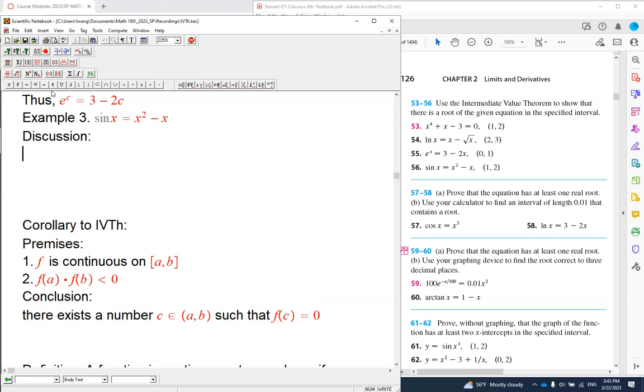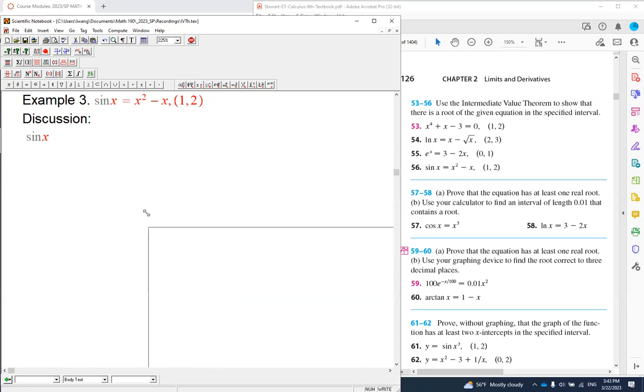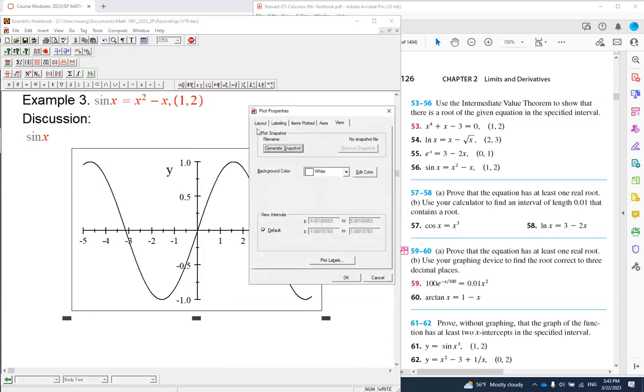The nature of the question is to find the intersection. Oh, pardon me, I left out the interval, 1, 2. And of course, we know the sine curve, right? So this is to find the intersection between two curves. There we go.